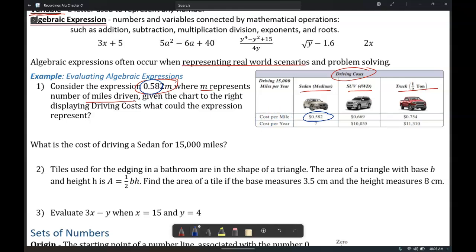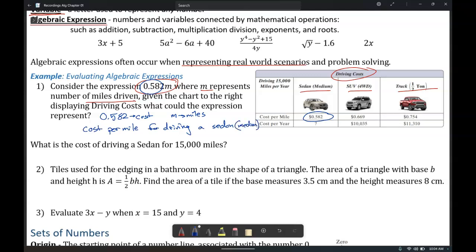And so we can use that to explain what this expression is. Given that 0.582 represents cost and m represents miles, we clearly see that the expression represents the cost per mile for driving a sedan that is medium in size.